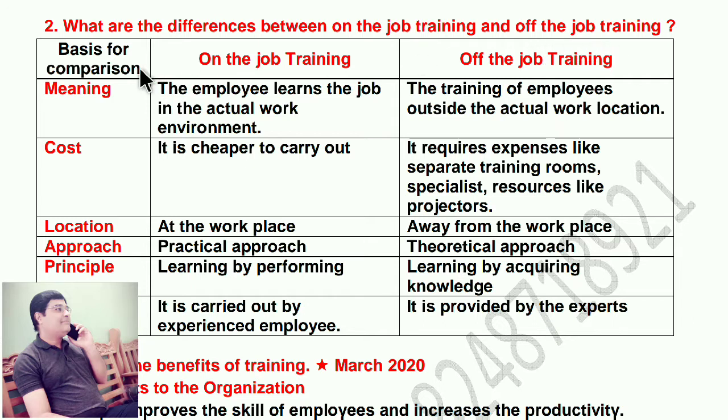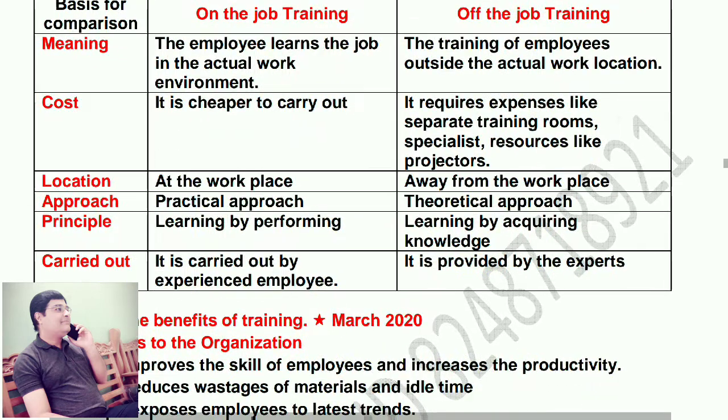Basis for comparison. First point, meaning. The employee learns the job in the actual work environment. The training of employees outside the actual work location. Cost. It is cheaper to carry out. It requires expenses like separate training rooms, specialist resources like projectors, in off-the-job training.